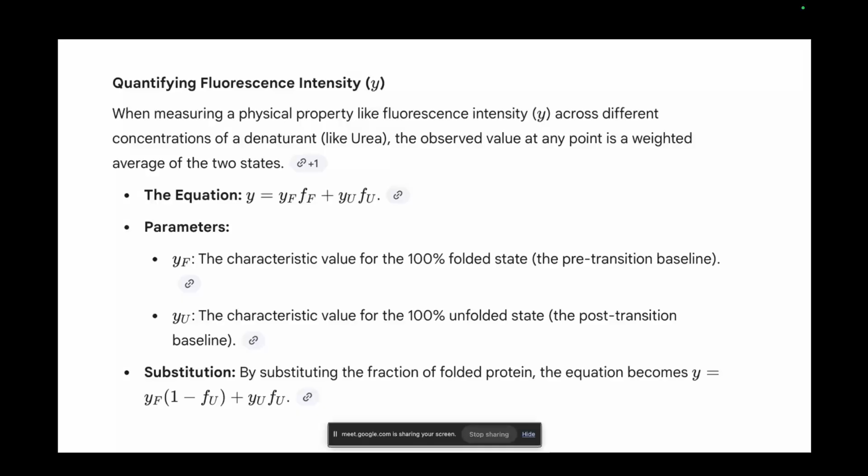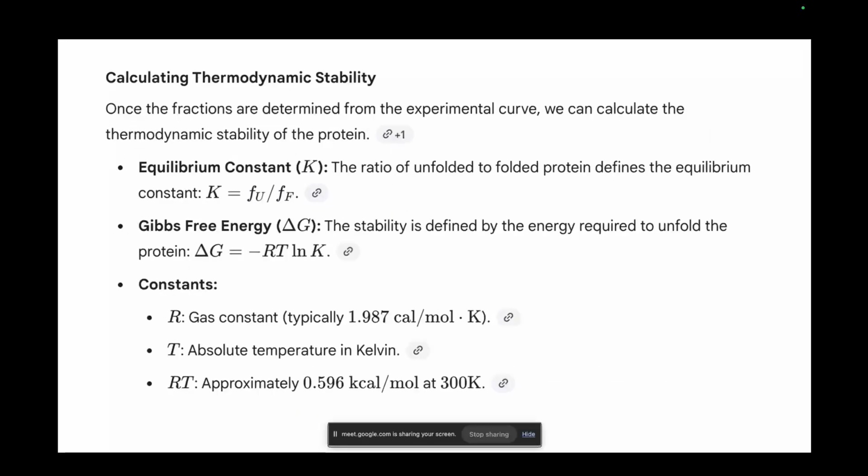If you're doing denaturation across different concentrations of the denaturant, the observed value at any point is the weighted average of the two states, right? Depending on the type of protein and the type of denaturation that is happening, the weights will be decided by that. So this is what is known as fluorescence intensity.